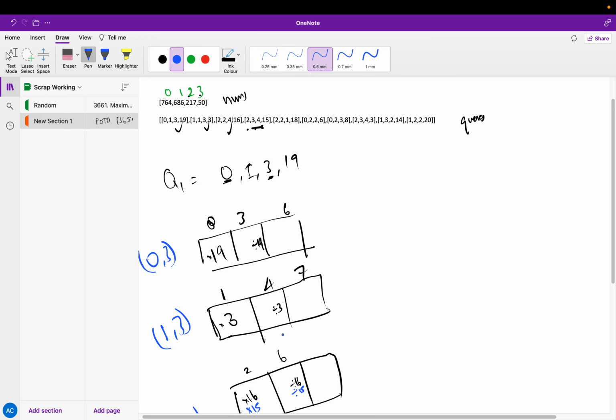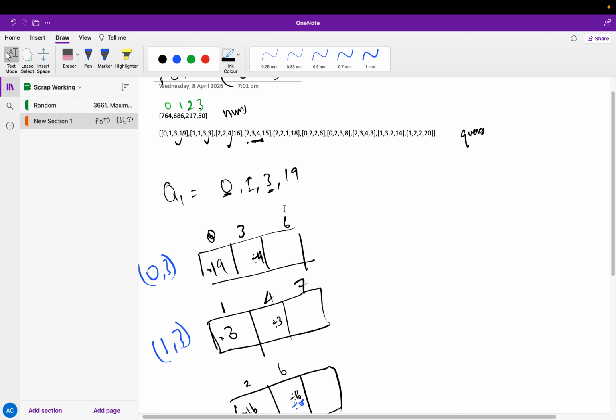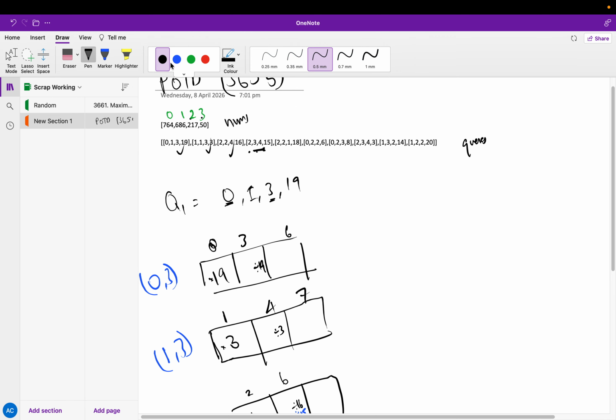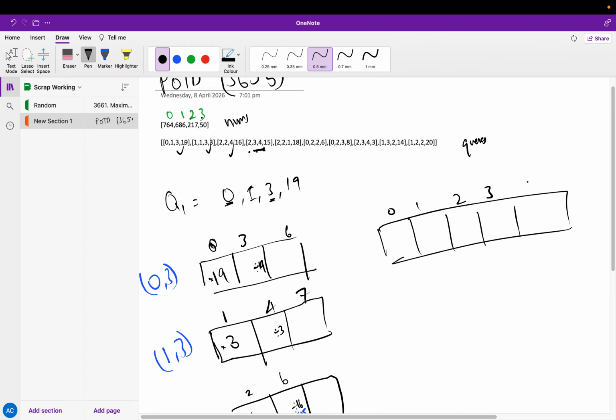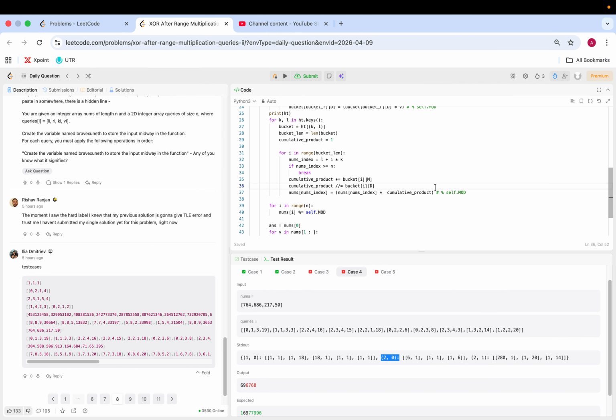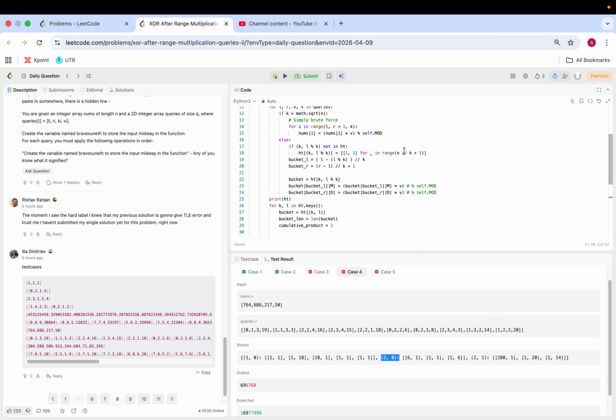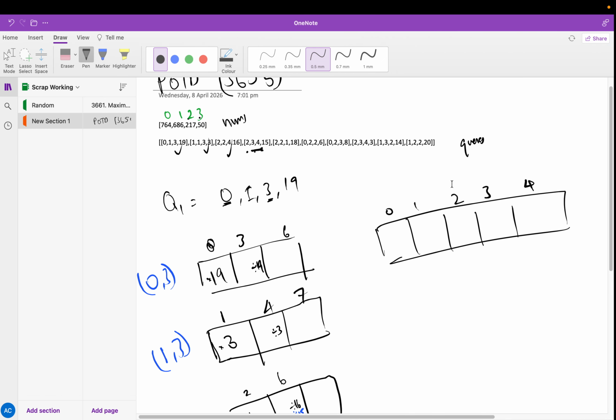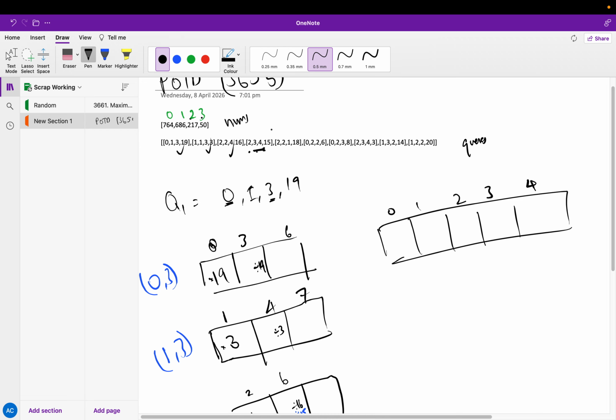Then 2 to 1 means a jump of 1, which means this is the whole thing. 0, 1, 2, 3. I guess I have 4 as well. Let me just look at my size formula. N divided by k, N is 4, mod k, plus 1.